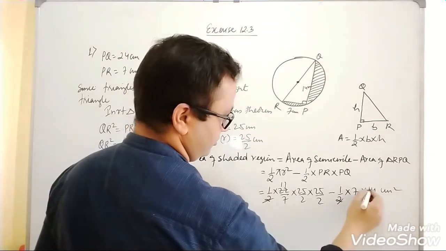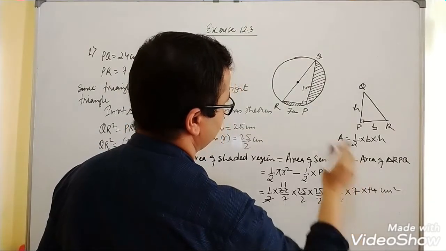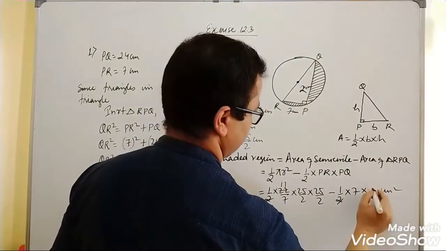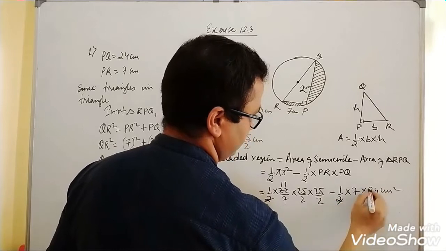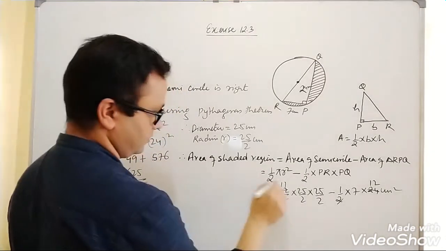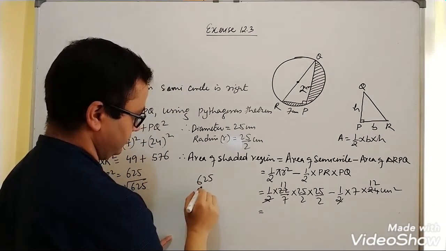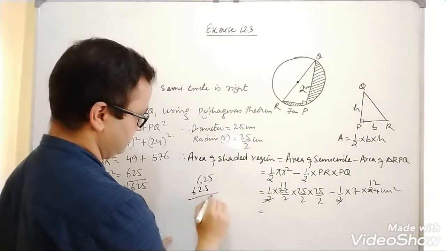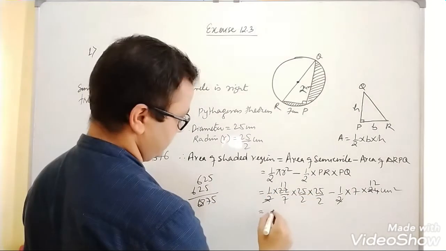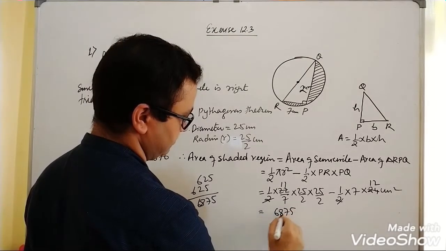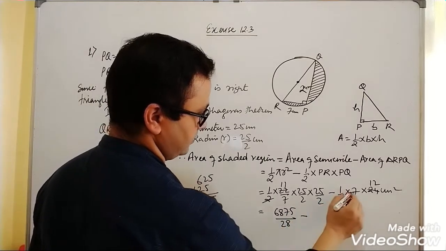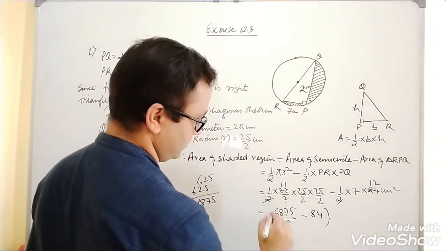Here also, 2 twelves are 24. Now multiply: 11 into 25 into 25 is 6875 divided by 7 into 2 into 2 is 28, minus 7 into 12 is 84 centimeter square.